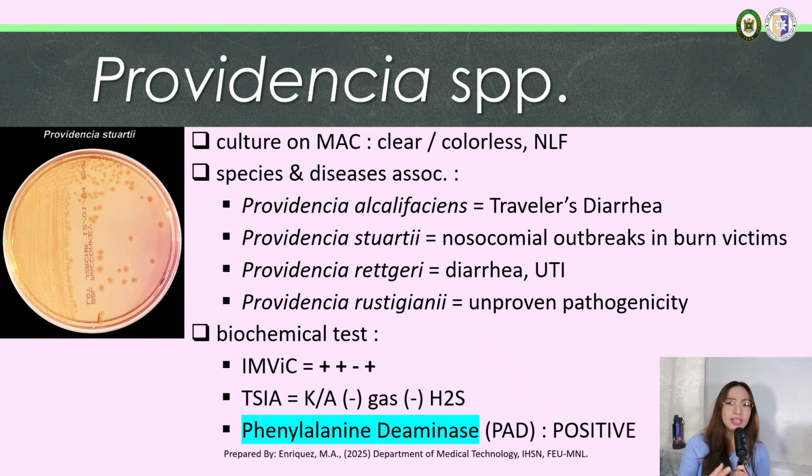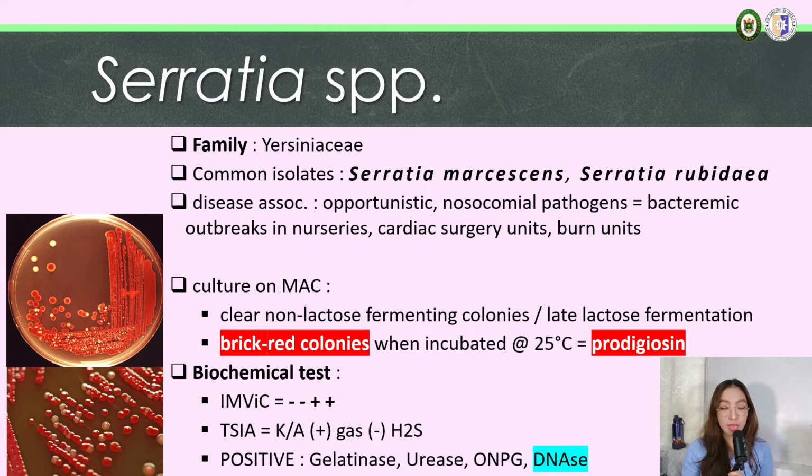So let's repeat: what are the only 3 Enterobacterales members capable of testing positive for phenylalanine deaminase? PMP, right? Proteus, Morganella, and Providencia. Serratia species are now under the family Yersiniaceae. Okay, so let me repeat.